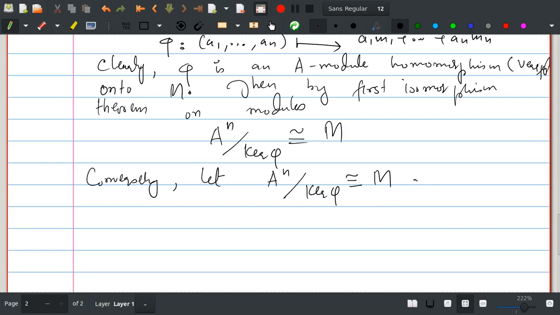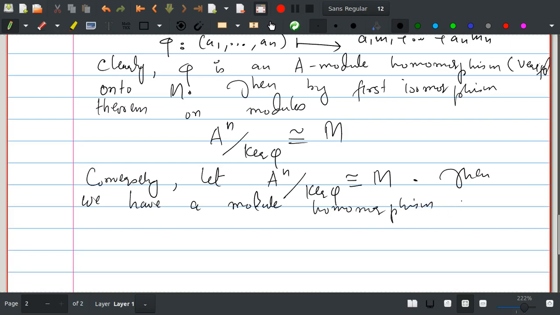If this is the case, this means we have a module homomorphism, say phi from A to the power n onto M. This follows from this.